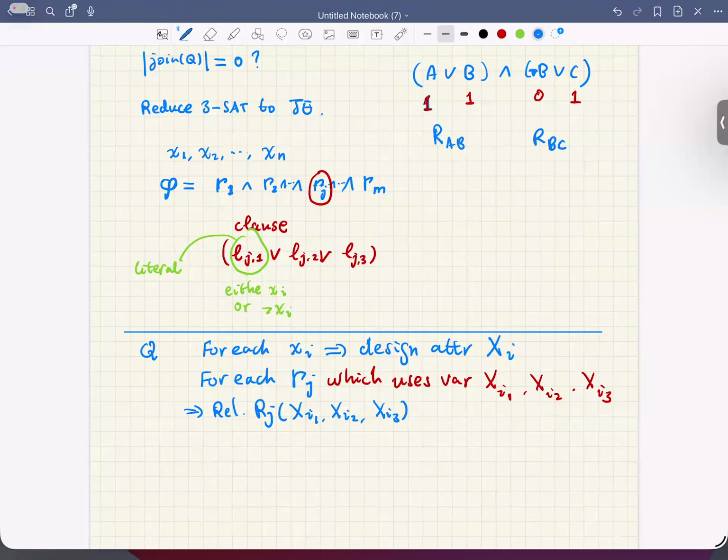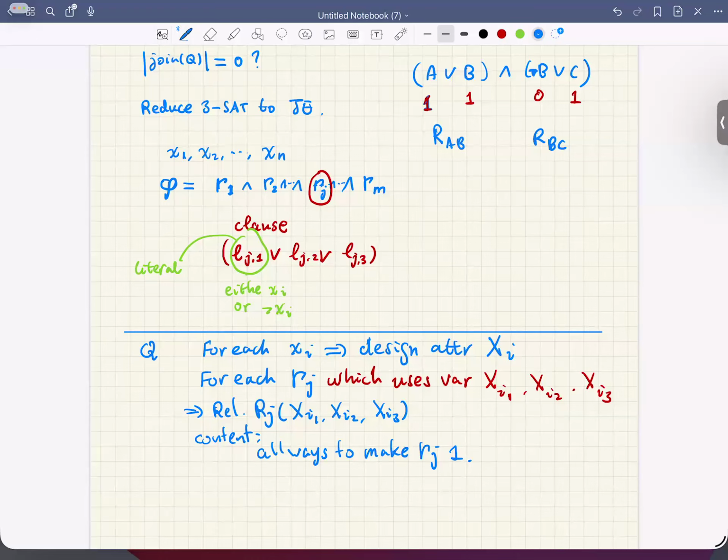Gamma j uses these 3 variables, and the content of this relation depends on how this clause uses these 3 variables. In general, the content of this relation consists of all ways to make gamma j 1.